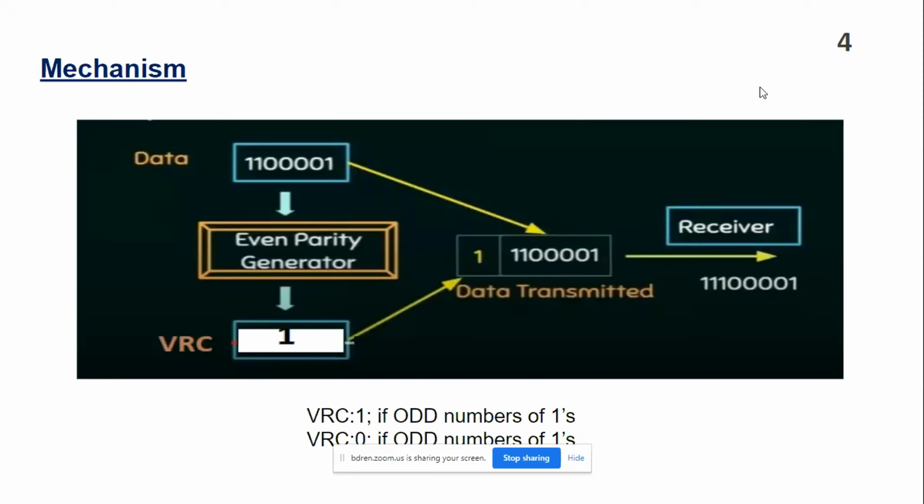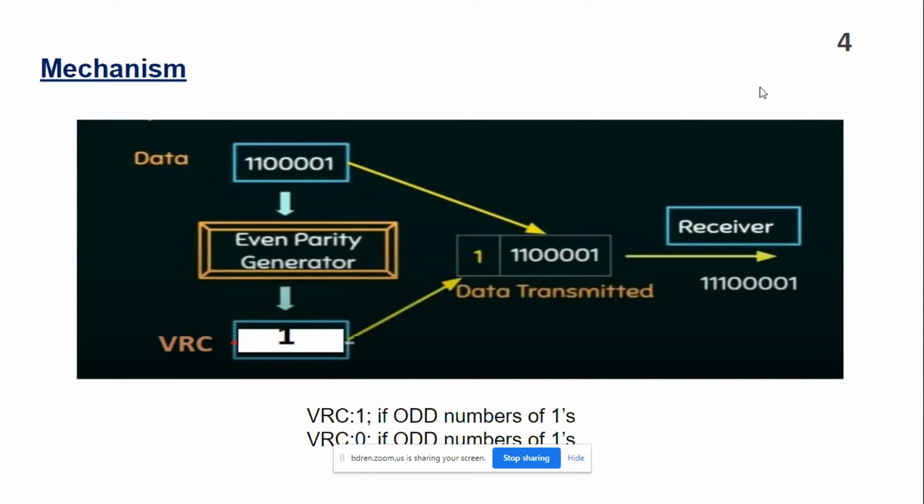Here you can see the mechanism. If this is the data we would like to send to the receiver, generated by a sender, the data is given to the even parity generator. The even parity generator accepts this data and generates a parity bit. What does the even parity generator do after accepting the data?